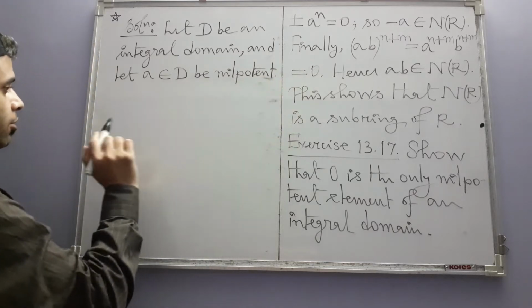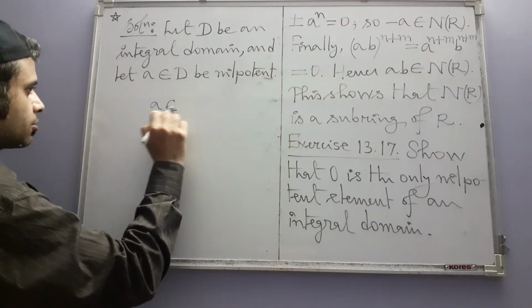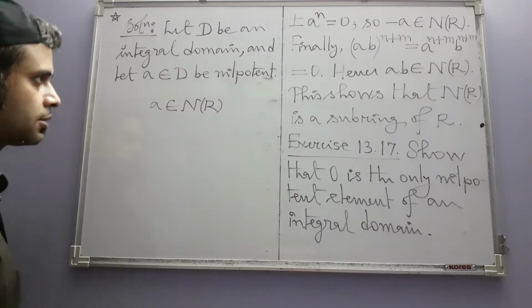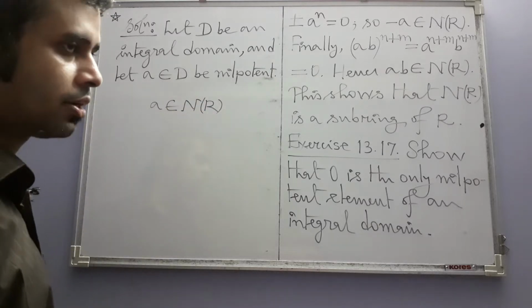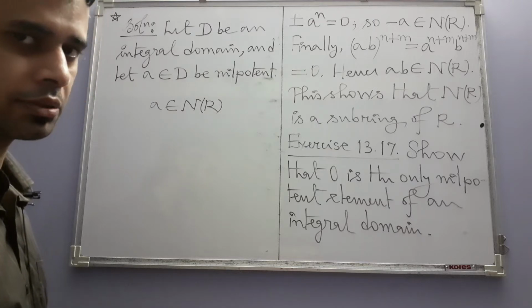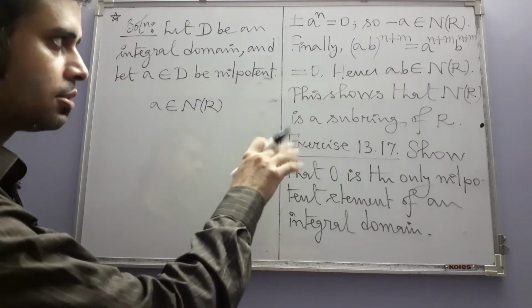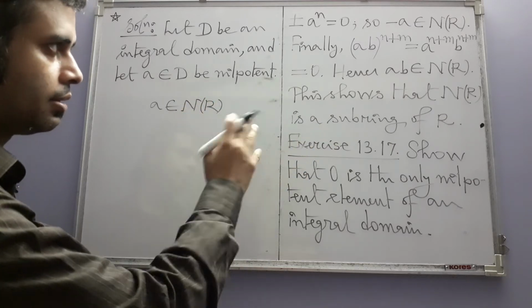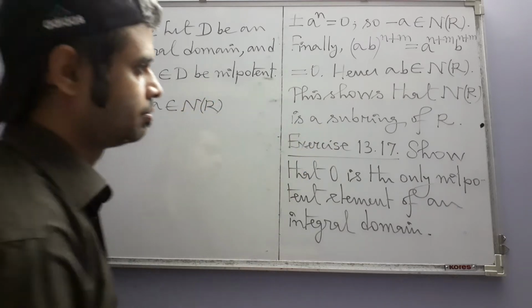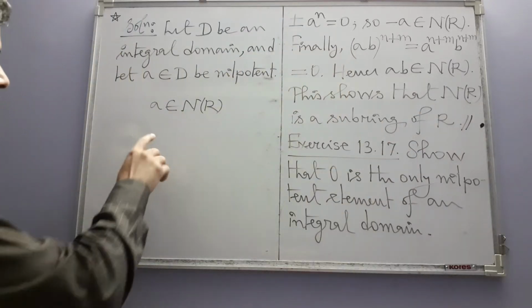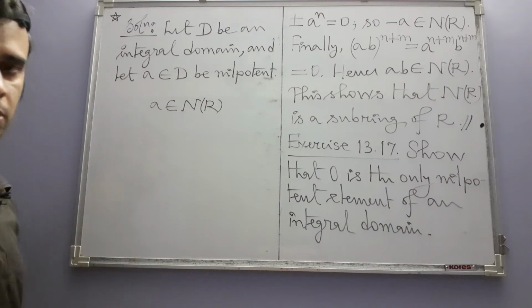Keep in mind, do not use this notation simply because you have used it in the previous exercise. It may not be something standard in the mathematical literature, so its use is there, and in that exercise it's over. That's why we have written in words that let this be nilpotent.